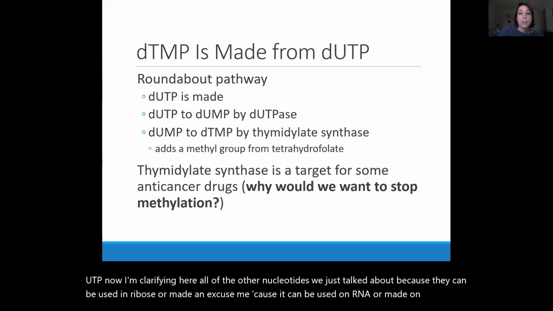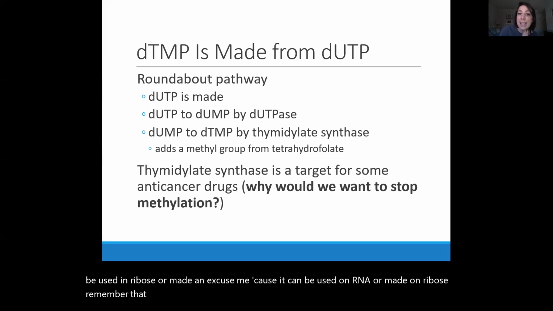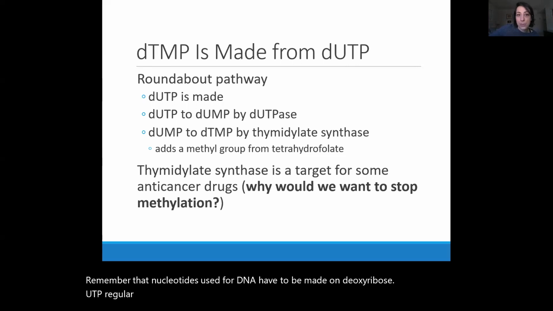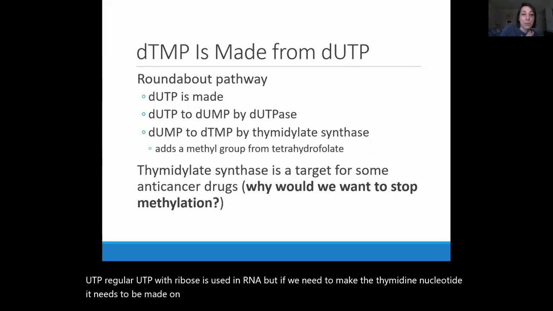Remember that nucleotides used for DNA have to be made on deoxyribose. UTP, regular UTP with ribose, is used in RNA. But if we needed to make the thymidine nucleotide, it needs to be made on deoxyribose because it is only used in DNA.